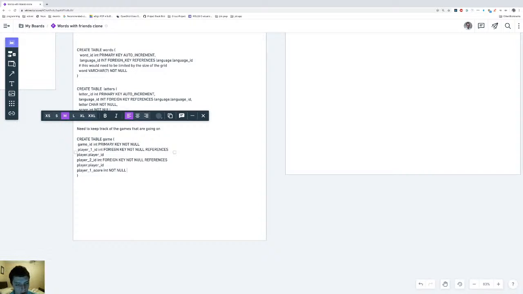I forgot. Actually, we default here. Default would be an option. Specify it, then, in case we don't. Now, if I was being thorough, I would also put a check constraint.